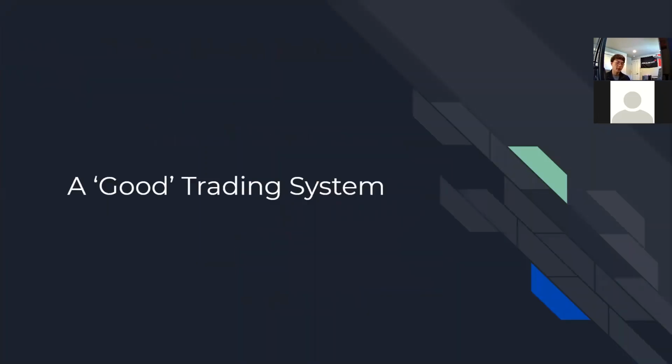All right, so now we're going to talk a little bit about a good trading system. So when you're thinking about a trader, usually they have their own specific system. And in the earliest lecture that we had, we went over how traders have different systems for different market climates.